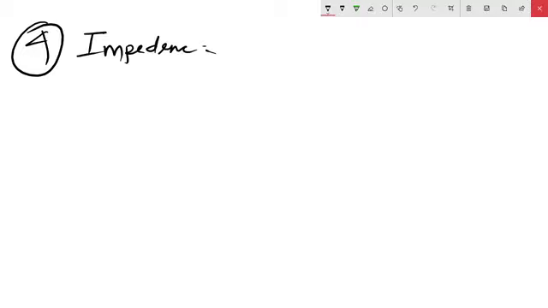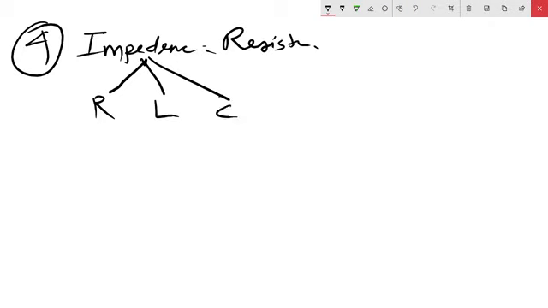In the fourth question, they are talking about impedance in a particular circuit. Just point out the word impedance. Impedance is nothing but resistance only. Why are they using the word impedance? Because a circuit has a resistor, inductor and capacitor together in one single circuit.